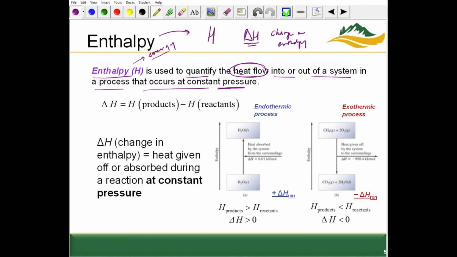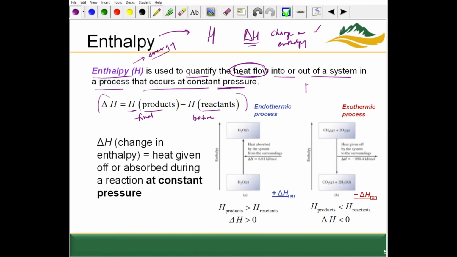For the change in enthalpy, we're usually thinking about before the reaction and after the reaction. So what was the state of the system before the reaction and then the state of the system after the reaction? Because of that, we can say that the change in enthalpy involves the enthalpy after the reaction, or the final state, minus the enthalpy before the reaction, or of the reactants.